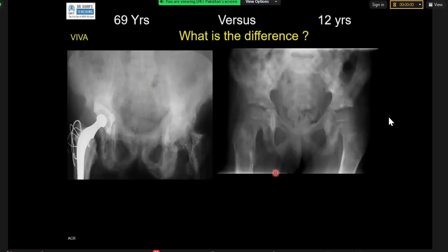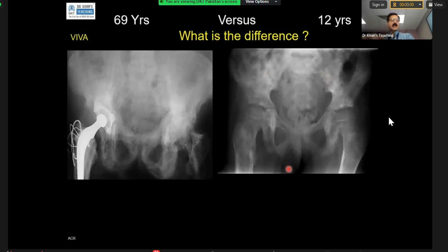Because this is a very young patient, this cannot be Paget's disease. What do you call it? I want you to use a word, and I'm waiting to hear it.